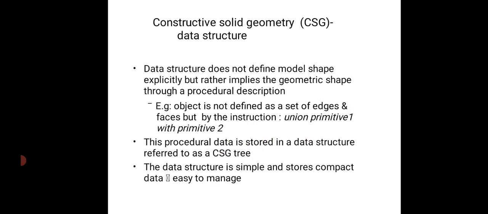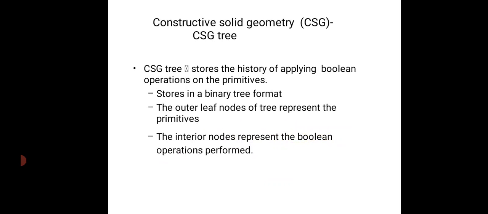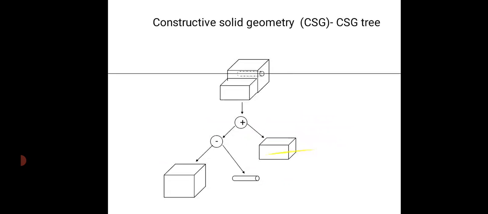The data structure is simple, stores compact data, and is easy to manage. The CSG tree stores the history of applying Boolean operations on the primitives. Stored in a binary tree format, the outer leaf nodes of the tree represent the primitives. The interior nodes represent the Boolean operations performed.